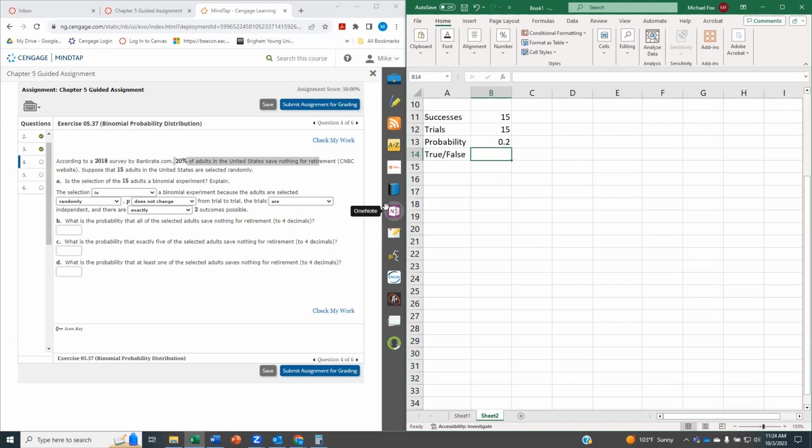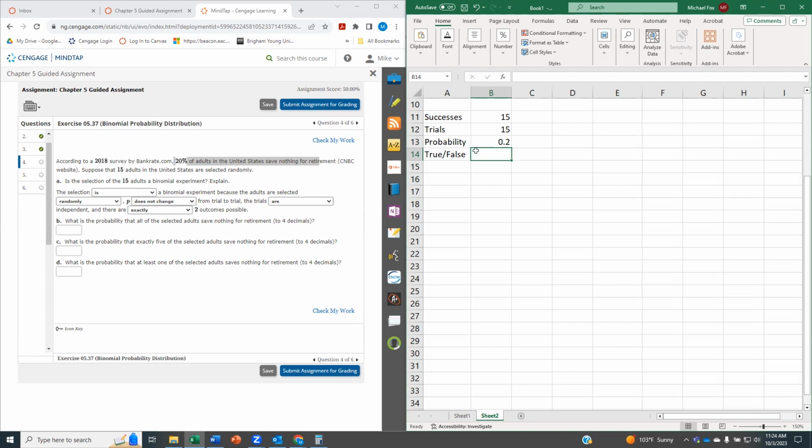And then finally, we get to this true false part. And true false is how Excel defines if we're taking a cumulative distribution, so we're looking at all of the potential values, or if we're just looking at exactly a value.